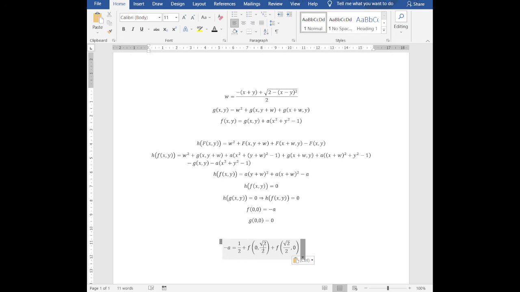Now, the thing is, we would need evidence of two things. We need evidence, A, that this function is in some sense locally, well, it isn't locally well defined. Well, it could be. We'd want some argument that states this function is in some sense analytic.